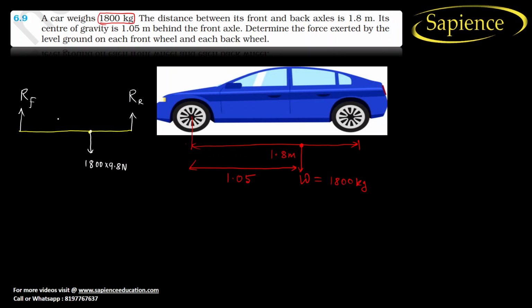There is no force acting in the x direction. Here at this point x is equal to 0, at this point x is equal to 1.05, and at this point x is equal to 1.8 meter.